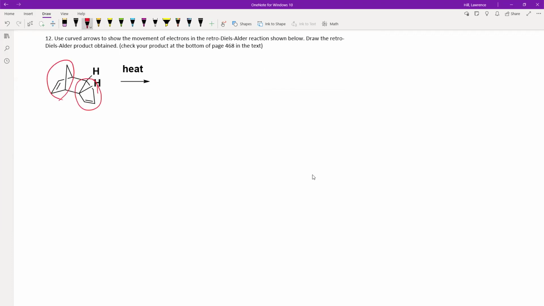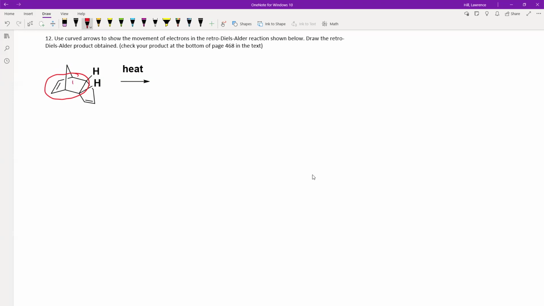Which of those could have formed from a Diels-Alder reaction? Actually, that's not a cyclohexene ring. Neither of those are cyclohexene rings. Those are cyclopentene rings. We need the cyclohexene ring. There we go. Cyclohexene ring, 6 carbons. Okay, that's the only cyclohexene ring there.